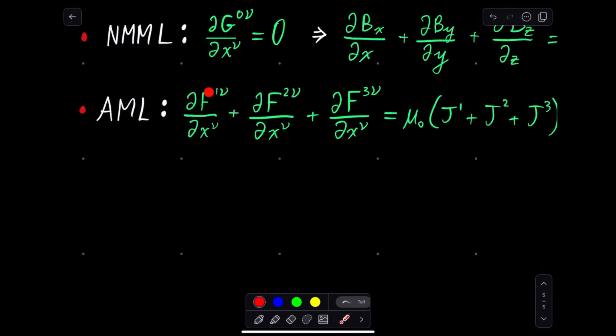So I'm not going to expand all of these terms out, but I'll expand out this one so you can see how the Ampère-Maxwell law comes out of the expansion of these.